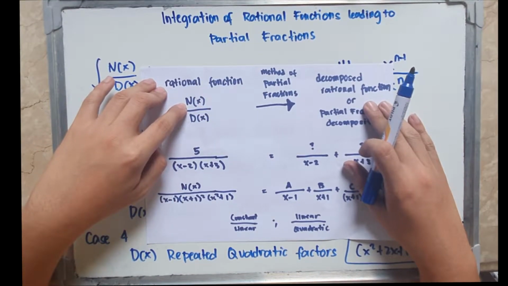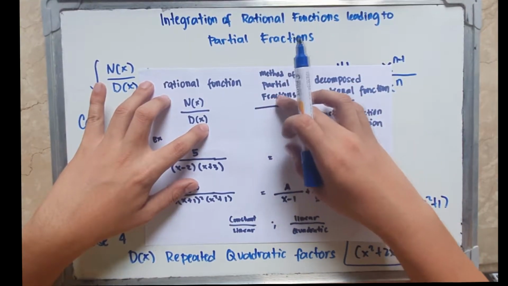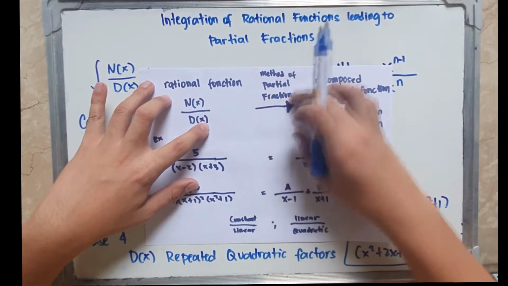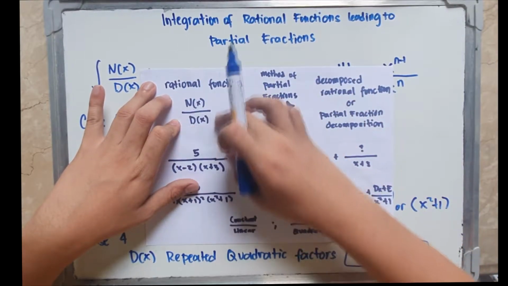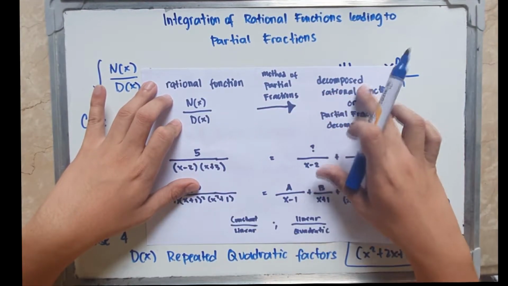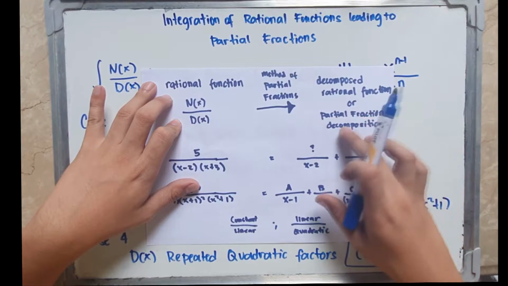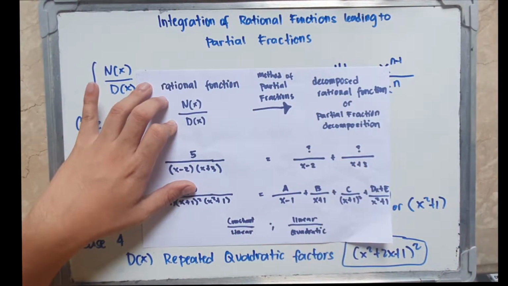We have N(x) over D(x). The method that we're going to do is the method of partial fractions. We are going to decompose this one. We're going to find its equivalent value. Okay, decompose rational functions, or the partial fraction decomposition. This is the result after we apply partial fractions.